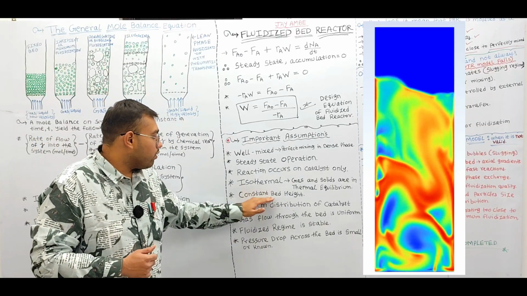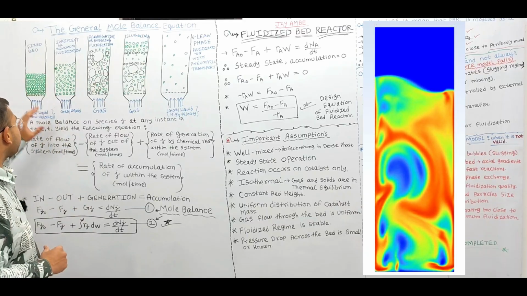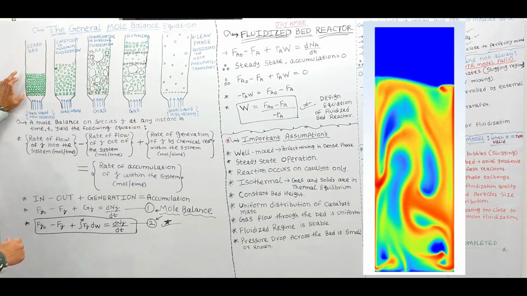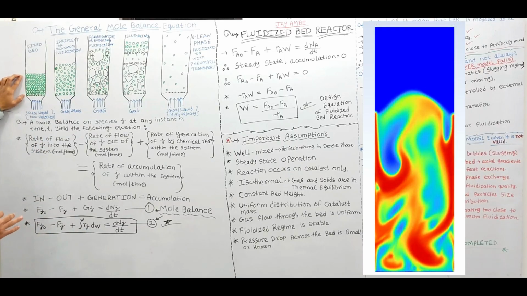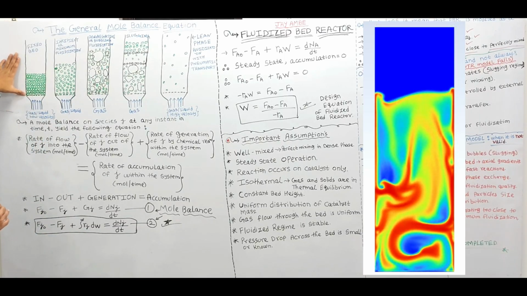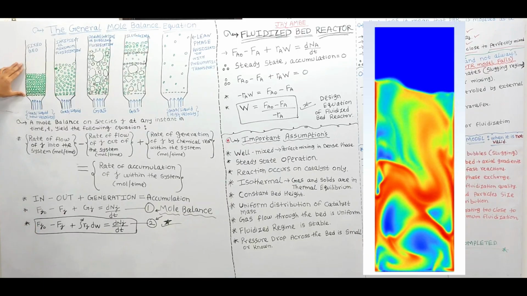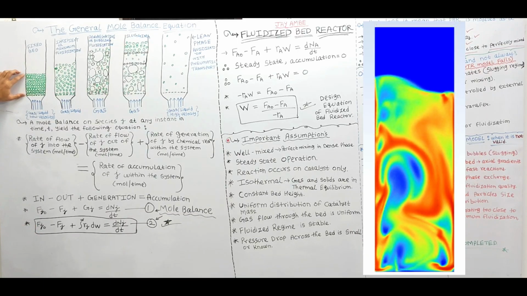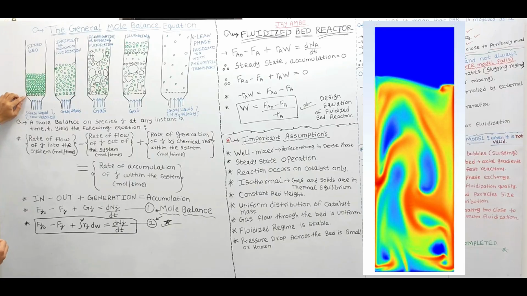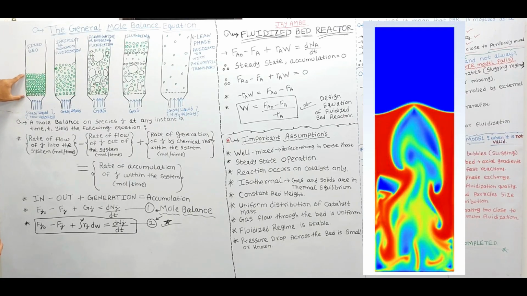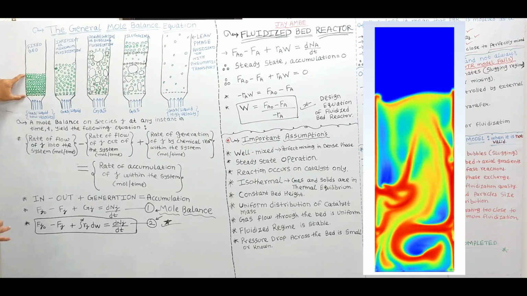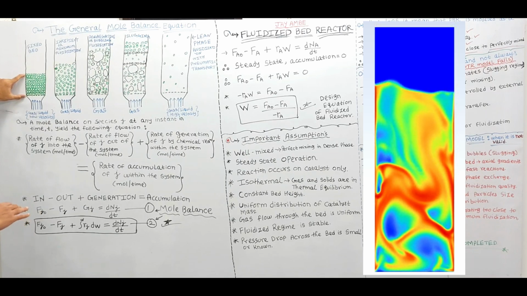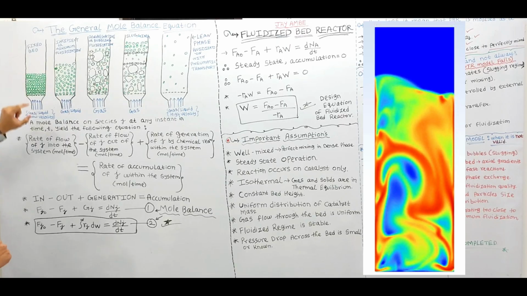Okay, so we need to ensure the constant bed height in the fluidized bed reactor, which means we should not have a taller fluidized bed reactor with a higher height of the catalyst bed, right? So from this position to this position represents the height of the catalyst bed, right? So we need to ensure a uniform optimized bed height in the fluidized bed reactor.